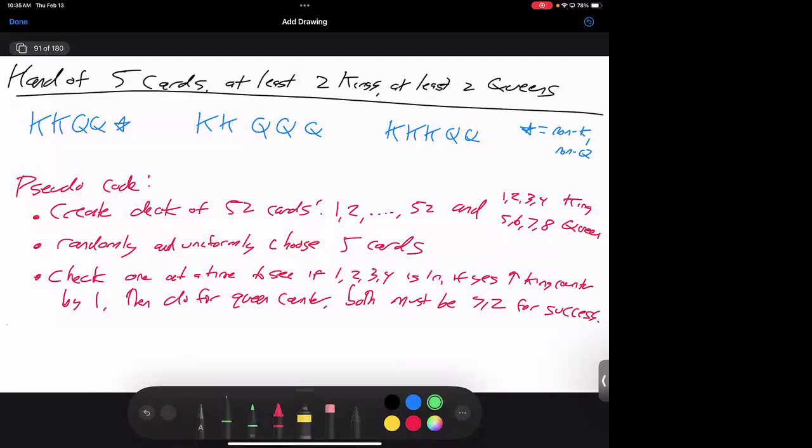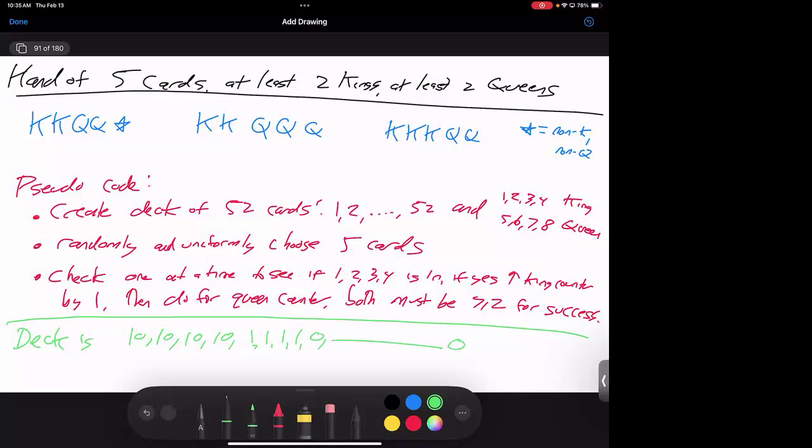And so the other possibility is the deck is 10, 10, 10, 10, 1, 1, 1, 1, and then all zeros. And now you see if the sum is what? Not quite. Almost.